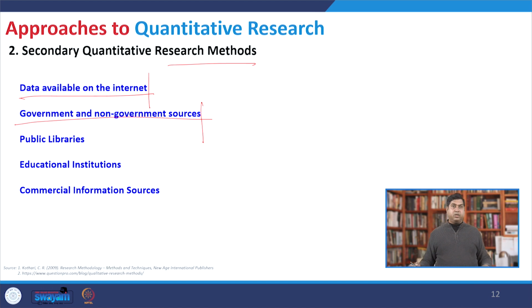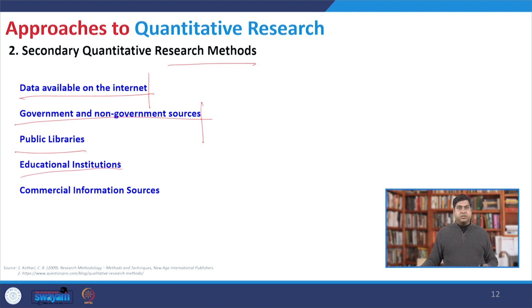We'll discuss in upcoming lectures the issues with data that are problematic for conducting further research. It may be public libraries, books, journals, etc. But in today's time the internet is with us, and there are various open sources and sites from where you can get the information and use it.